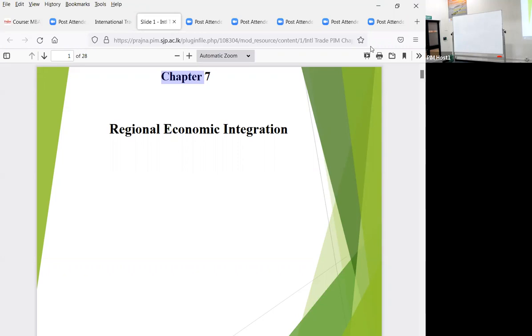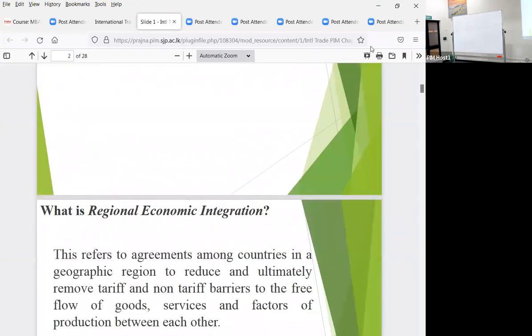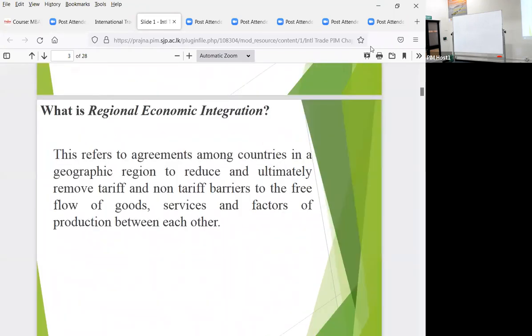Are you prepared to give up your sovereignty, with somebody taking a decision in a common way for you too? So regional economic integration is bringing certain countries into one block. I think the next slides explain it very clearly with an example.